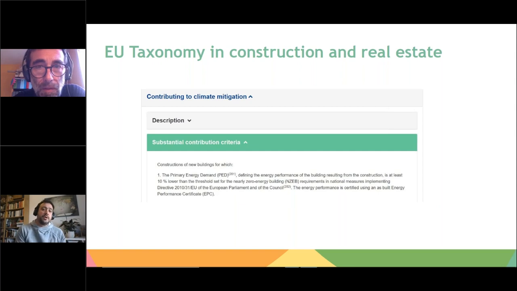That's the main goal of this EU taxonomy, and it's something very important that can amplify the renovation of buildings, always under this circular economy perspective. So this is the goal we all want to get to.